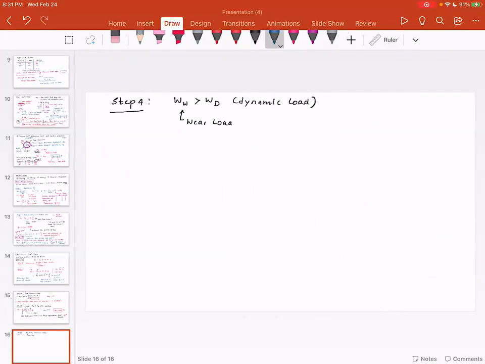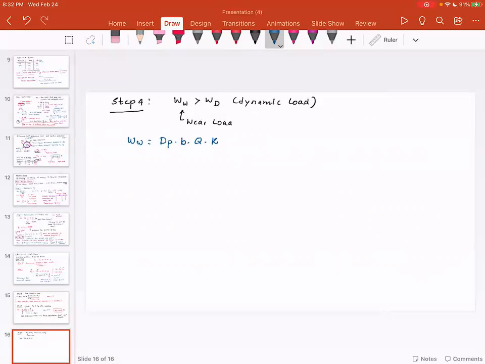And to find the wear load, we have to use the equation WW is equal to dP times B times Q times K. Please note, the wear load is always found on the pinion. And all these factors are already known.